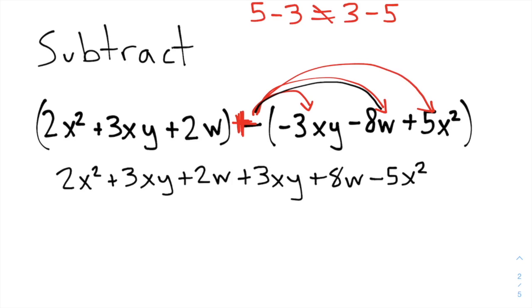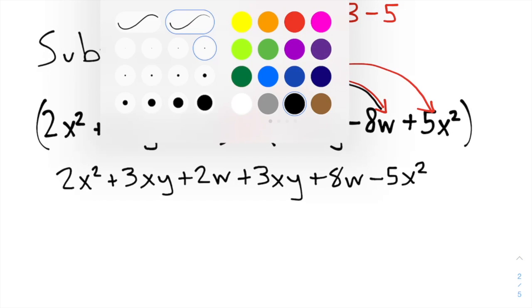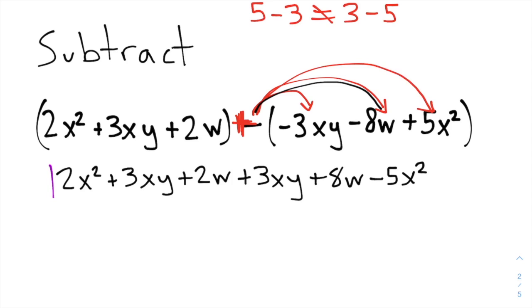Now, this is all addition, so it doesn't matter what order I group things in, so I can group like terms together. All right. We have a 2x squared. We have a negative 5x squared. Those will combine to be a negative 3x squared.